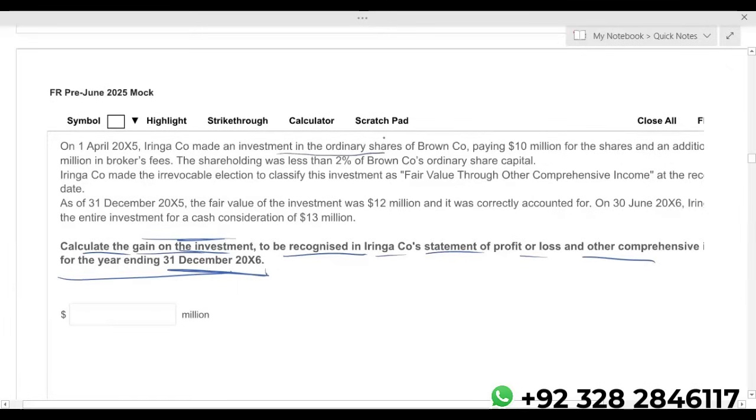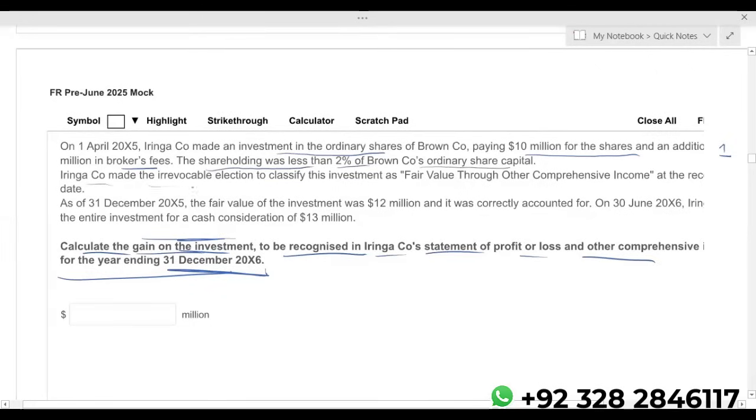You should be thinking of IFRS 9. They paid 10 million for the shares, and there's an additional 1 million in broker fees. The shareholding was less than 2% of Brown's Company's ordinary share capital.